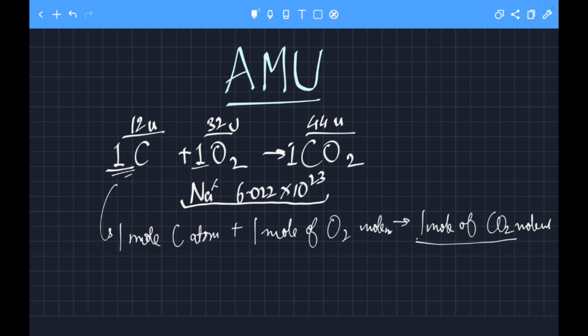Now let us look at what happens to this AMU. If you do the complete calculation, this becomes 12 grams of carbon reacts with 32 grams of oxygen to give 44 grams of CO2.